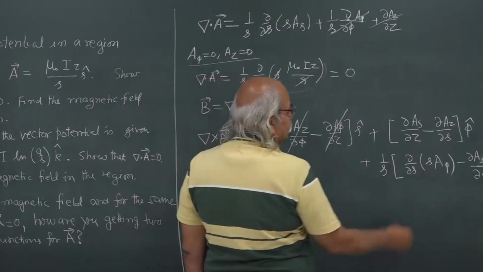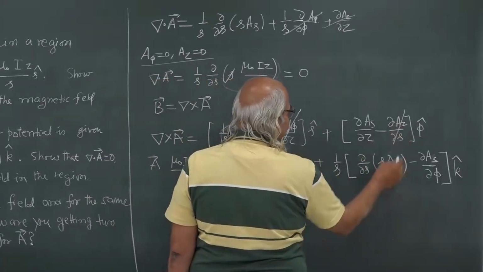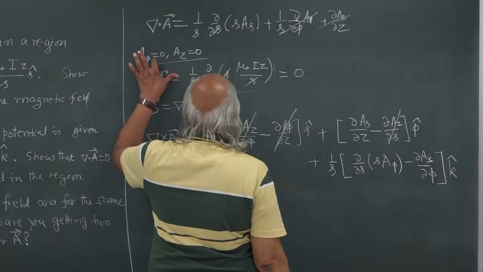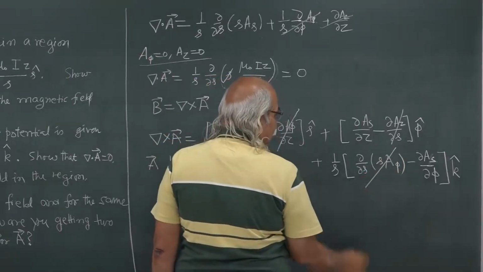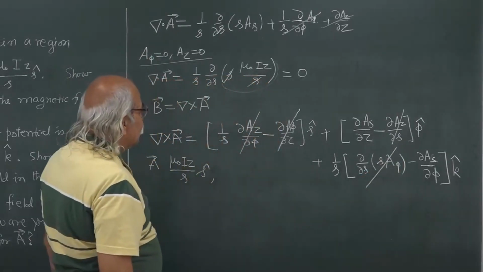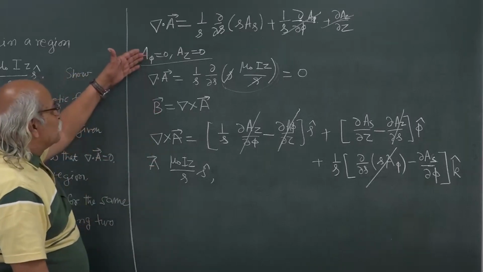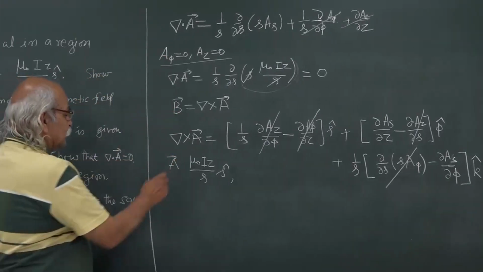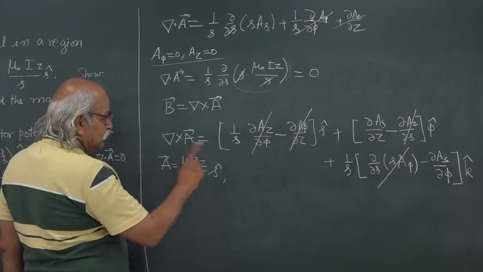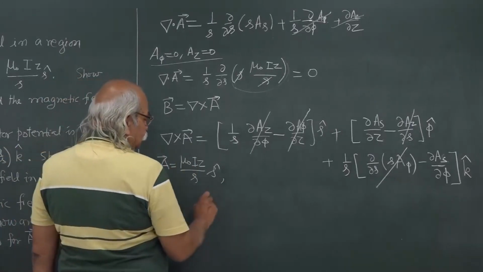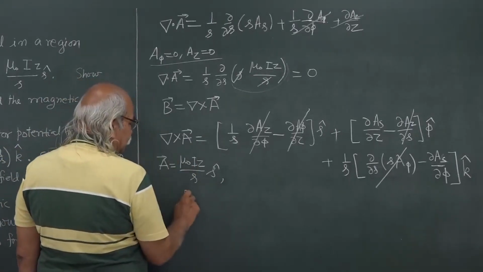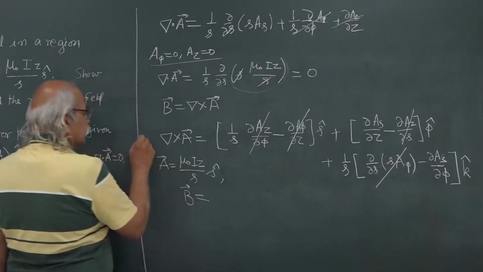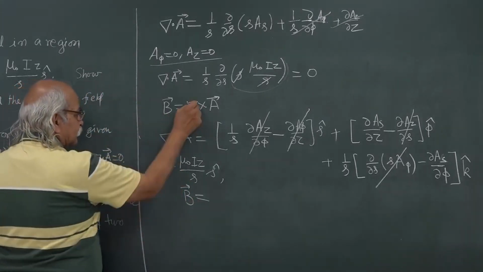A phi is 0, so this term is not there. So, we only have the S component of A, and therefore, all other components are 0.